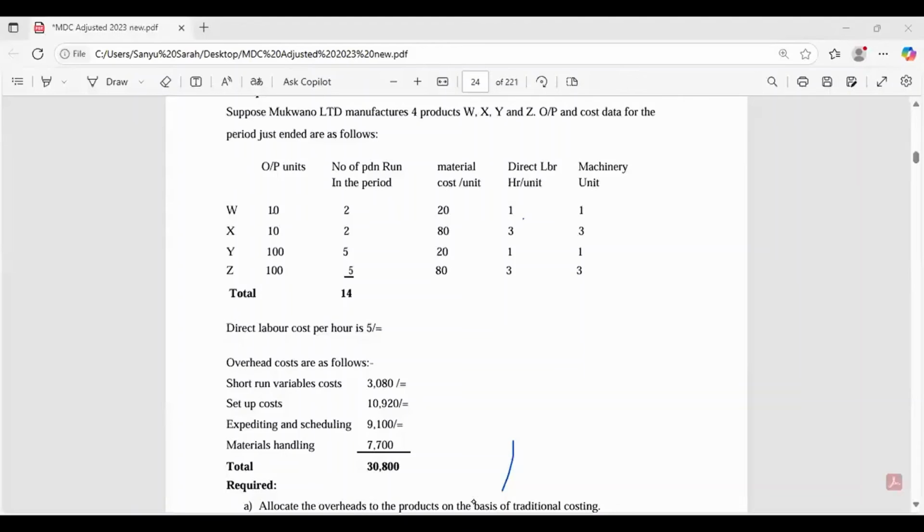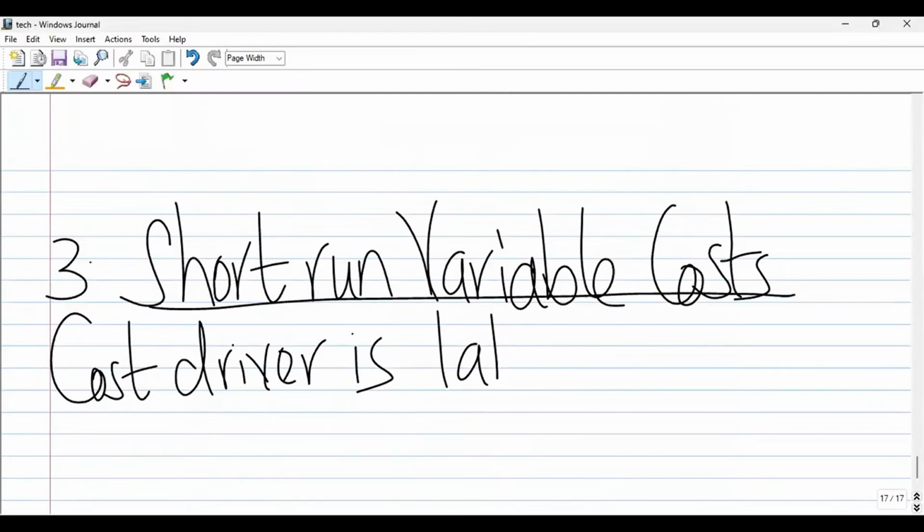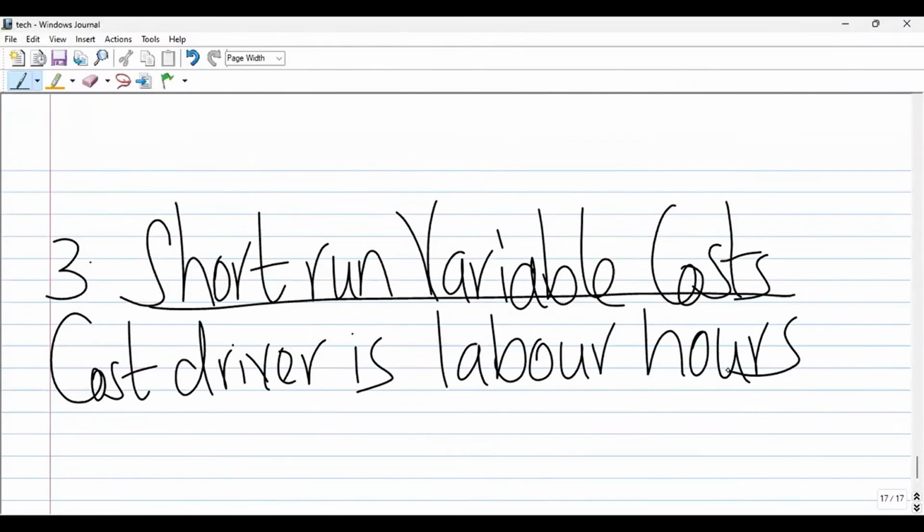So I'm going to come and say cost driver is labor hours. The examiner is interested in seeing you talk about the cost driver because you're showing him the basis you're going to use to allocate your costs. So that's why the examiner expects you to show these cost drivers.